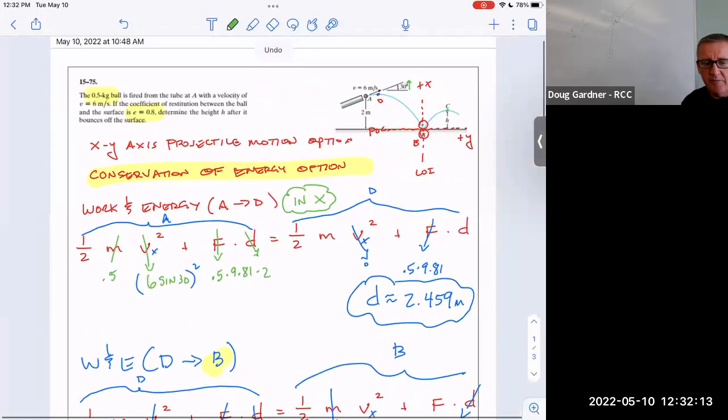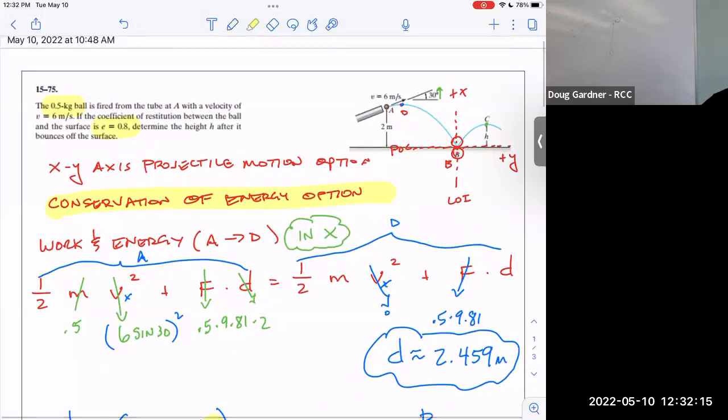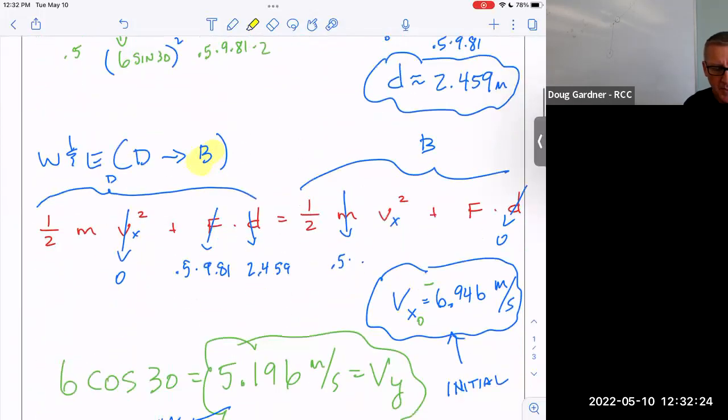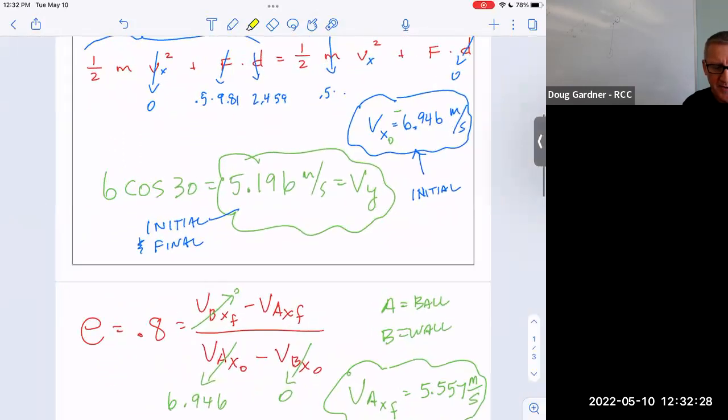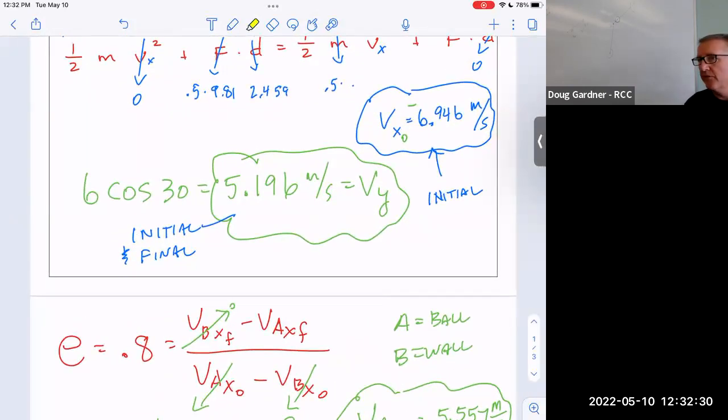So I only concern myself with the line of impact direction. I didn't really need the y at all. The fact that I calculated it, did you notice I never even needed that? Like I thought I was going to need it, but I never needed it. Isn't that interesting?